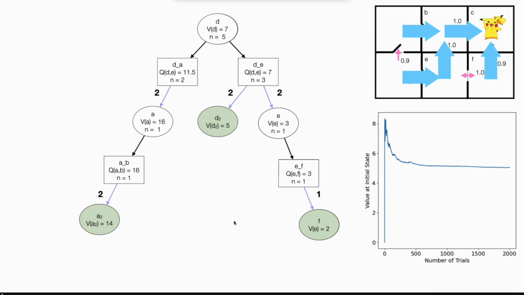The advantage here is that typically a single trial of this algorithm is quicker than a trial of RTDP. And we don't need to actually have the transition function in an explicit form.